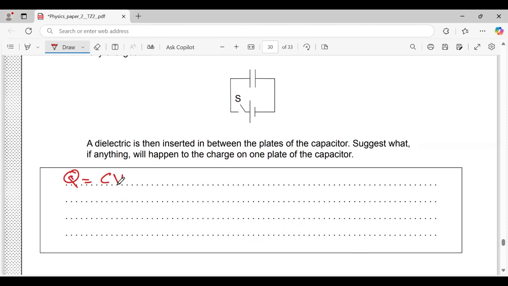The difference is only the increase or decrease of the capacitance and charge.